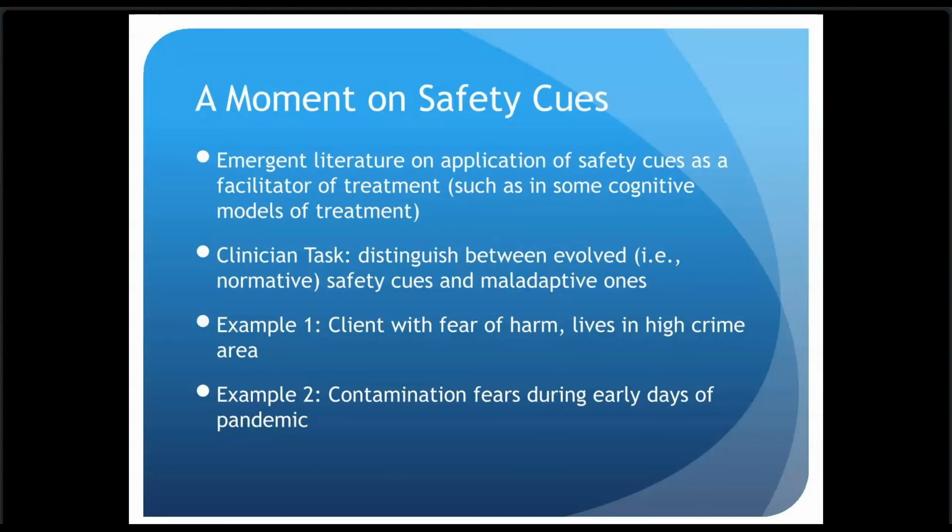The first example that I have listed here is one that comes up frequently for a lot of us when we are dealing with clients who might be concerned with crime. And if they're fearful of getting harmed, well, what does that mean if they live in an area where maybe the crime rate is a lot higher? And we have to really reckon with this problem because some of the safety cues that you might be inclined to eliminate could be really hazardous for the client. So we really have to think more globally about it.